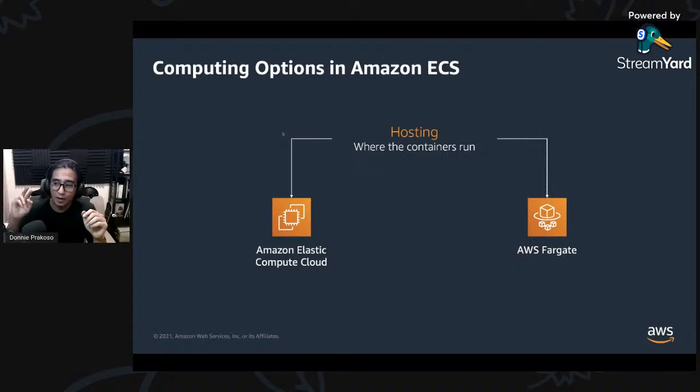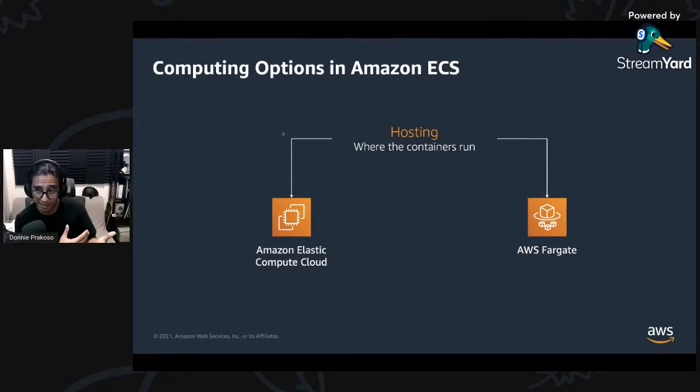Now, with these two options, you might ask yourself, which one should I choose, EC2 or Fargate? At this point, you need to consider how much control you need over the computing infrastructure that underlies your cluster. In some cases, you may need complete control with Amazon EC2, such as type, size, to pricing model.